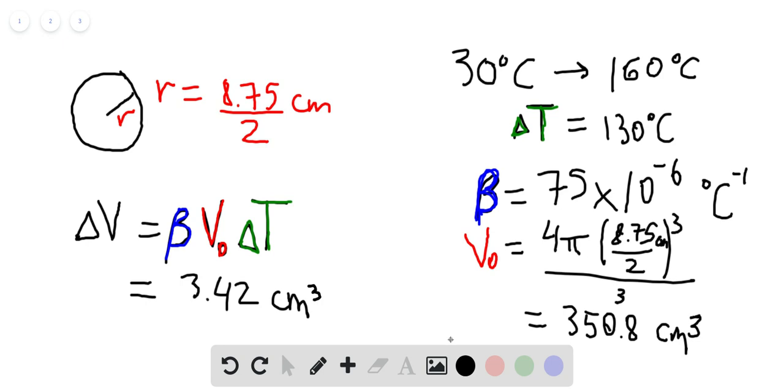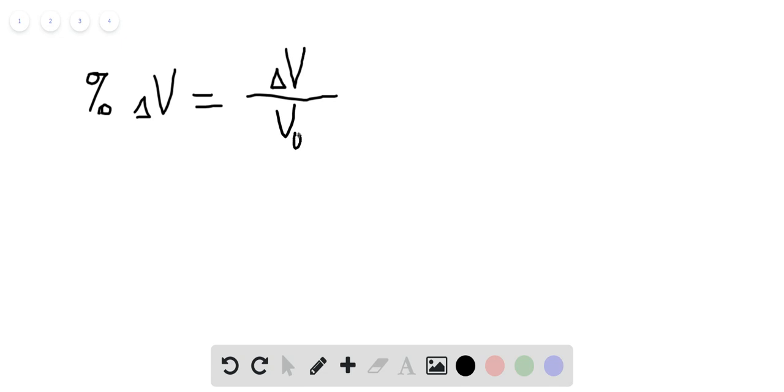Now what the question asks is, what will be its percentage change in volume? So to find the percentage change in volume, what we need to do is divide the change by the original volume, V0, which I was drawing in red.